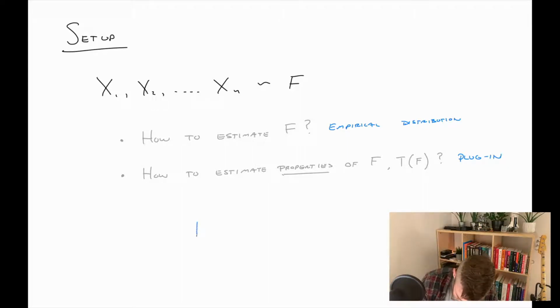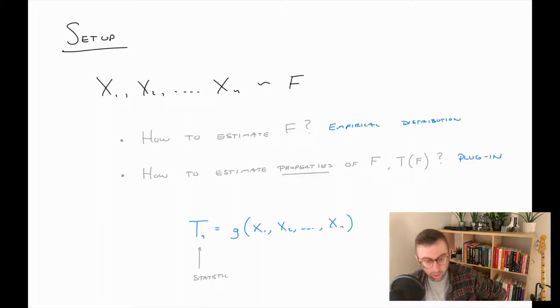I'm going to use T sub n to denote some statistic, and it's some function of the data. Okay, so we're going to be interested in this statistic, and that could be a statistic derived via a plugin estimator or just any generic statistic.